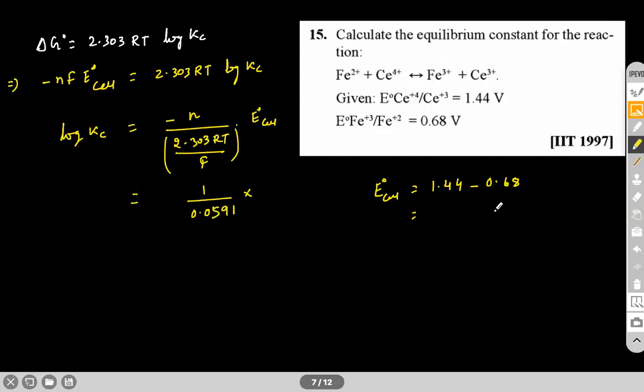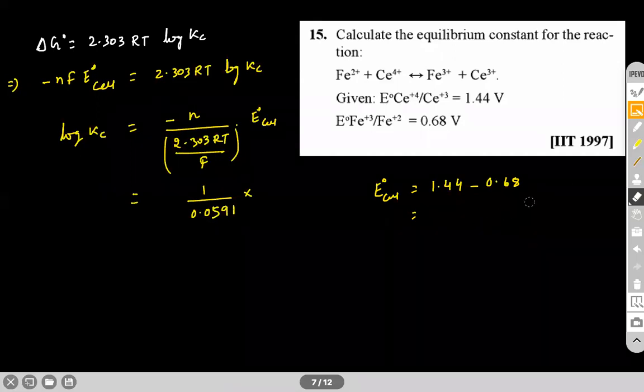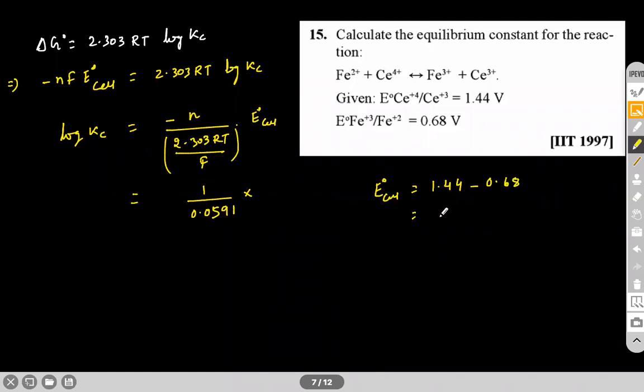That will be 0.76 volt, which we substitute here.